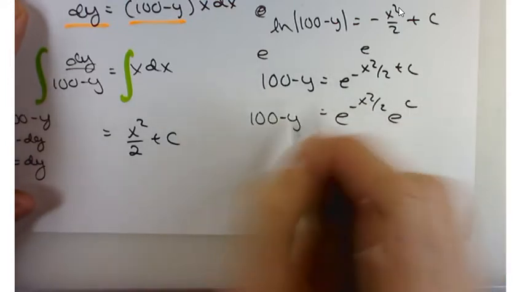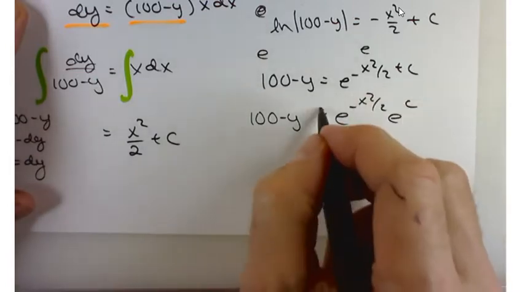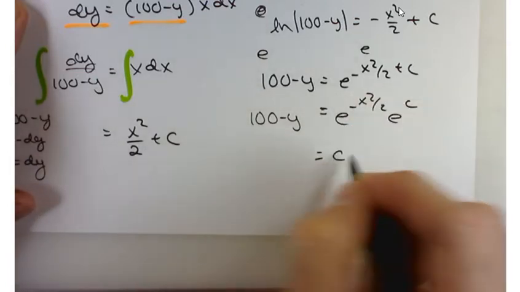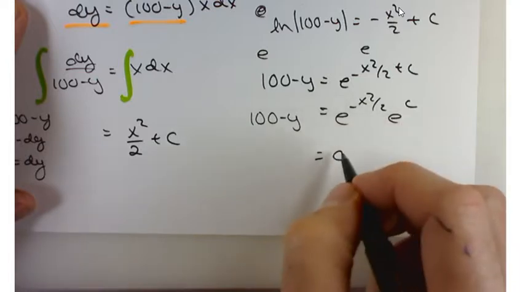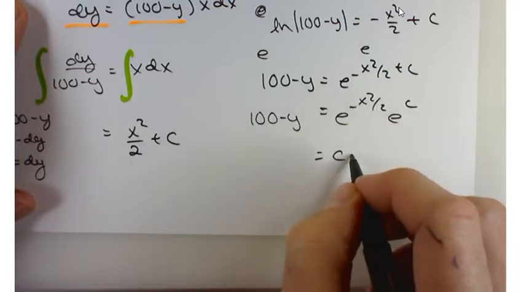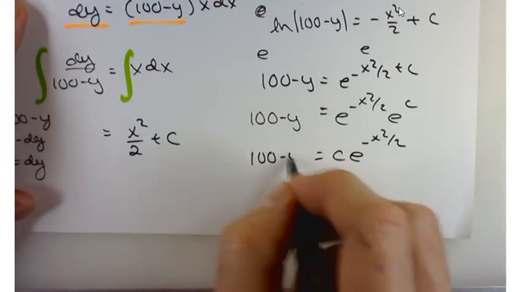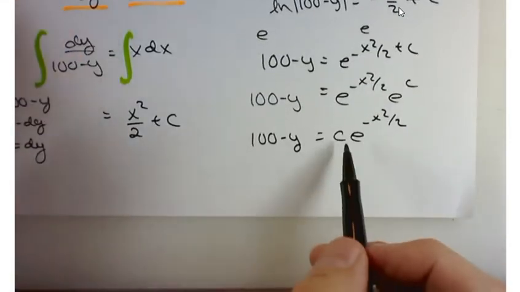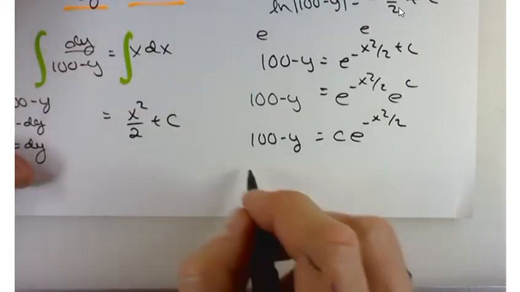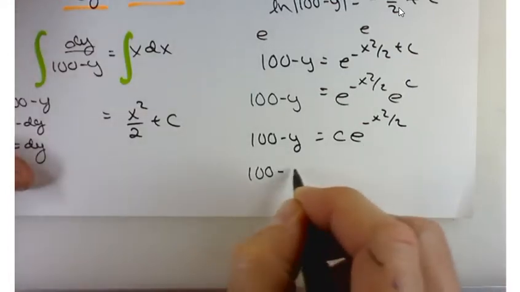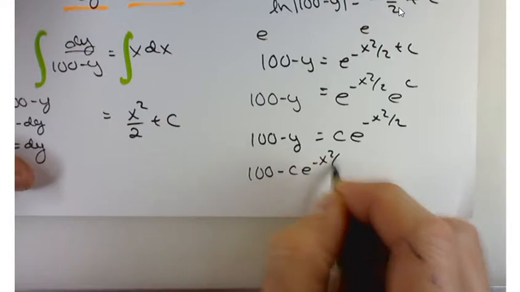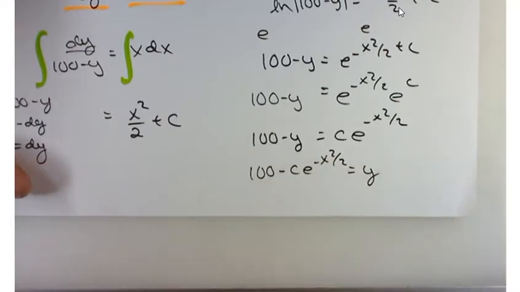So you've got a constant to a constant, and a constant to a constant is a constant. So this thing here is just replaced by c here: e to the negative x squared over 2, 100 minus y. Last but not least, I'm going to swap these around and get 100 minus c e to the negative x squared over 2 equals y.